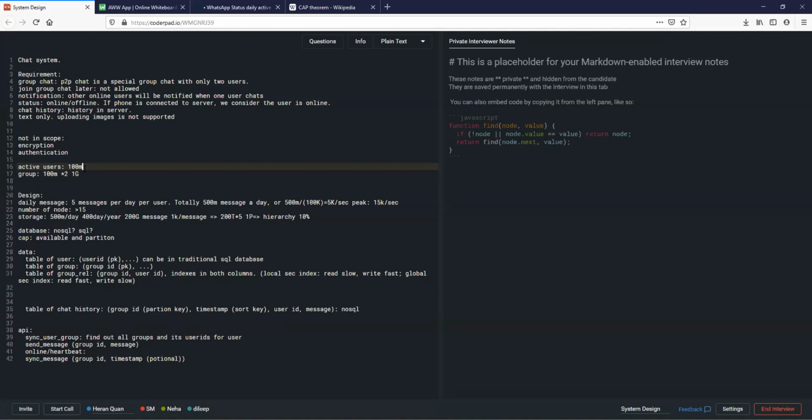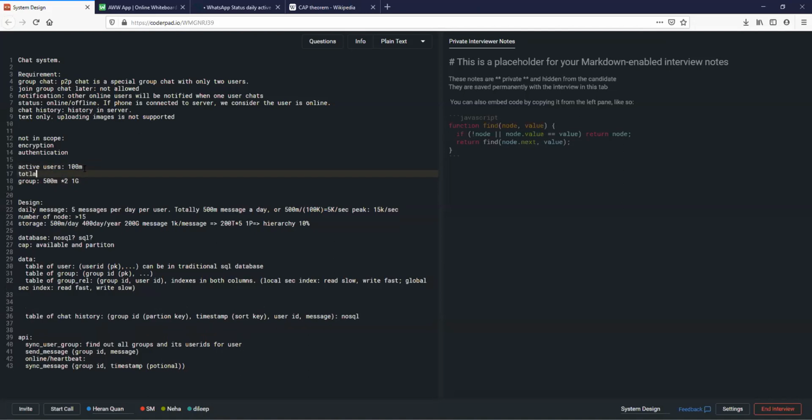Then the total number of groups will be based on that, right? Let's say with 20% active users, that's 500 million users, and each of them has 2 unique groups.